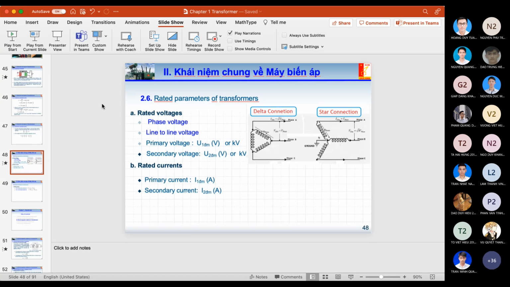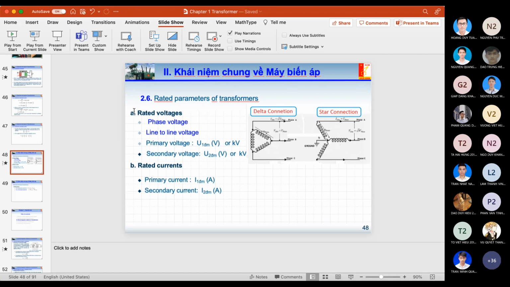Normally, before using every electrical machine, not only a transformer but also other machines such as the motor or other electric devices, you should take care of the nameplate of the machine.